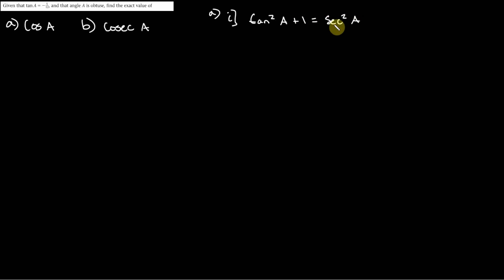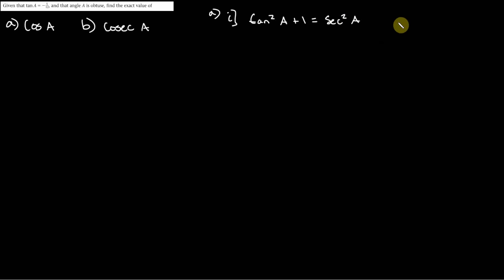And sec, of course, is 1 over cos, and a good memorization technique to remember that, at least when it comes to how we write it in the UK, is every third letter. So for sec, the third letter is C, so it's 1 over cos.